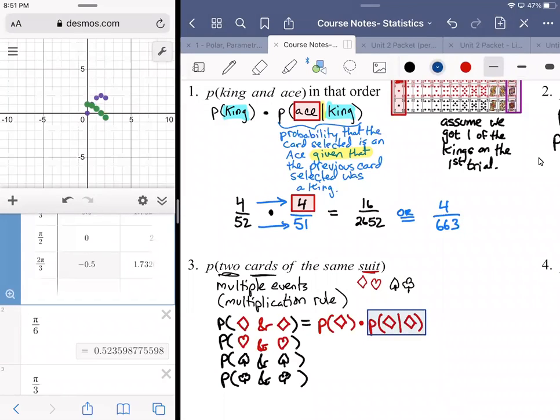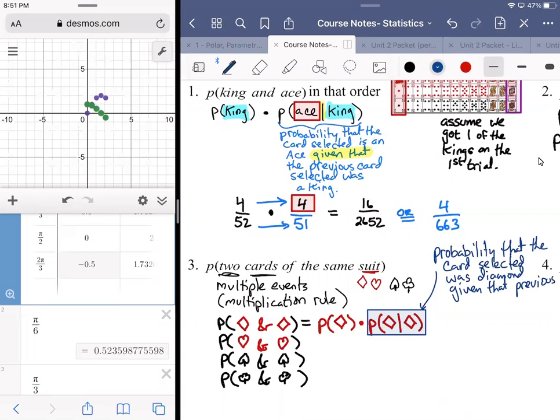So the probability that the card selected was a diamond, given that the previous one selected was a diamond. Writing a little bit more shorthand here though. Previous was diamond.